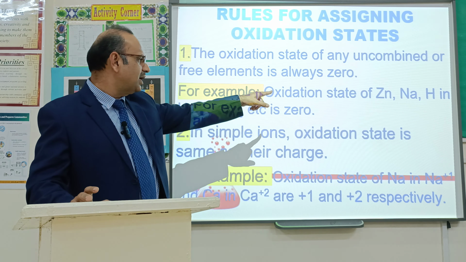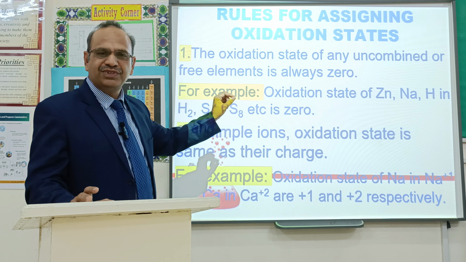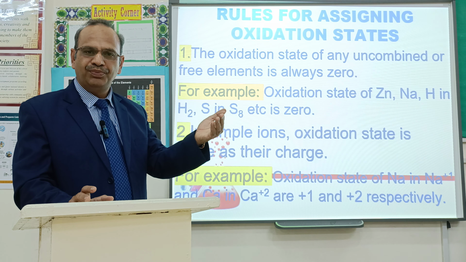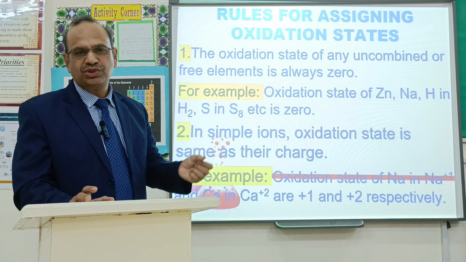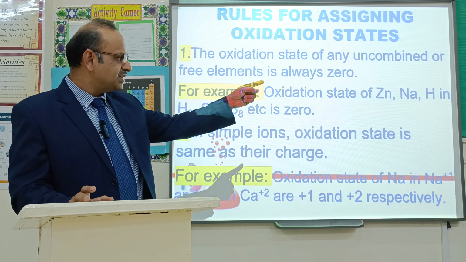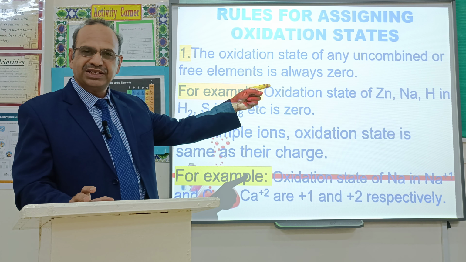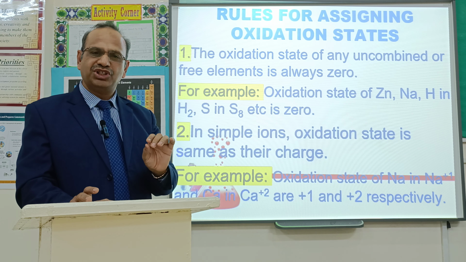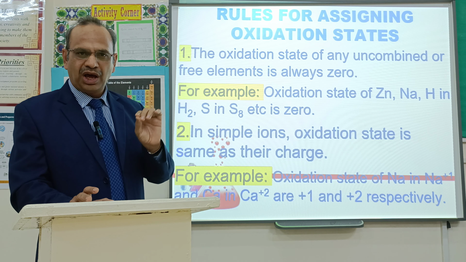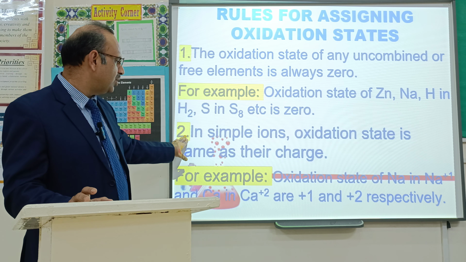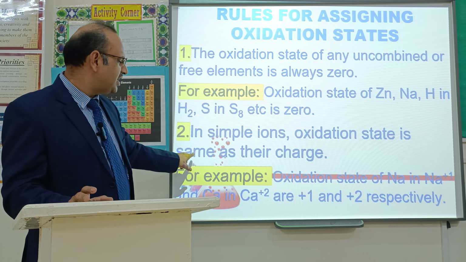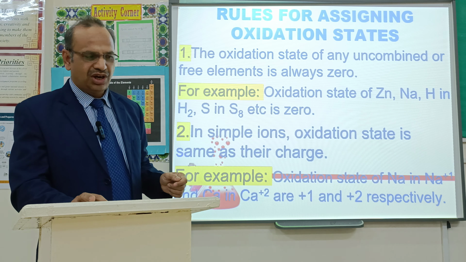Like S8, because the same atoms are there, and it may form Cl2, Br2, so its oxidation state will be zero. Same with zinc, which can exist in the free state, and sodium, so all of them will have the oxidation number 0 in uncombined form.